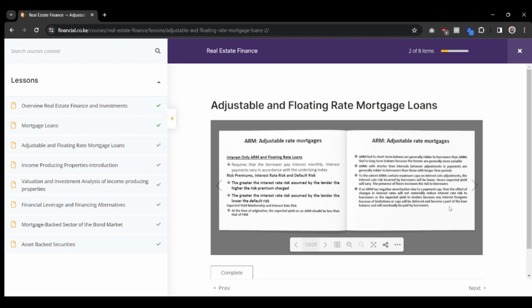Adjustable rate mortgages with shorter time intervals between adjustments in payments are generally riskier to borrowers than those with longer time periods. To the extent adjustable rate mortgages contain maximum caps on the interest rate adjustments, the interest rate risk incurred by borrowers will be lower. Hence, expected yield will vary.